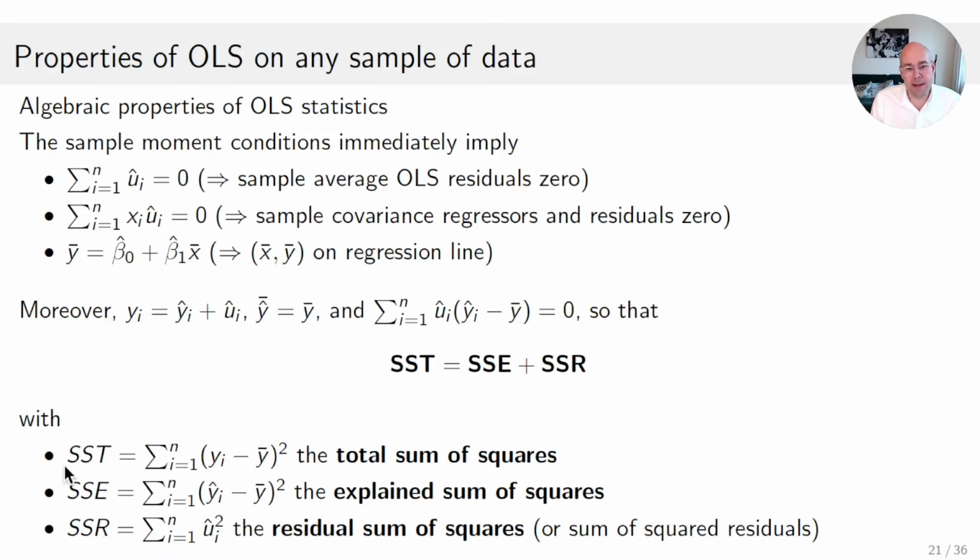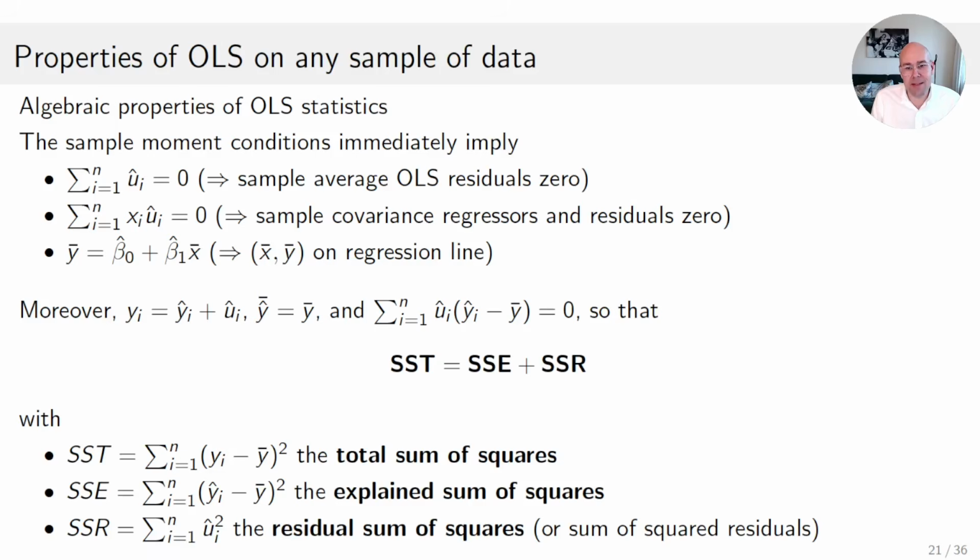So what is that? The total sum of squares would be basically n times the variance of y. The explained sum of squares is n times the variance of y hat, and the residual sum of squares is n times the variance of the residuals. And that will always hold by construction. So I can always write it down like this.